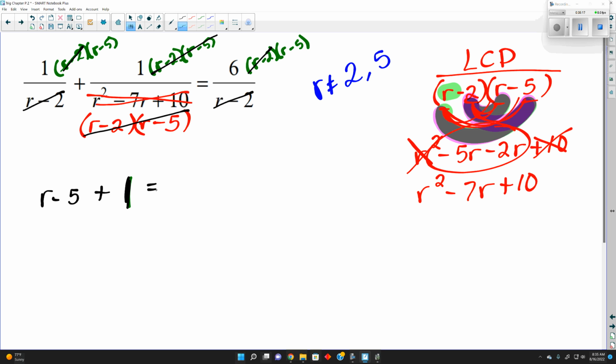And in a lot of classes, again, you don't have to write this down immediately. We could write this as 6 times r minus 5. There's nothing wrong with that. But for me, that's not how I would go about doing it. Because what is 6 times r? What's 6 times negative 5?